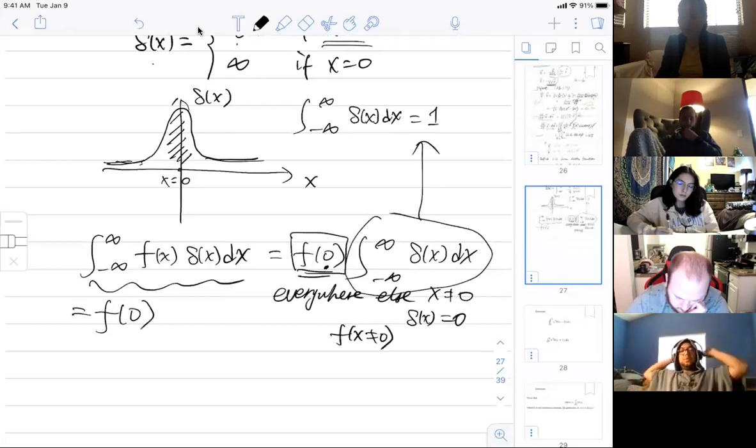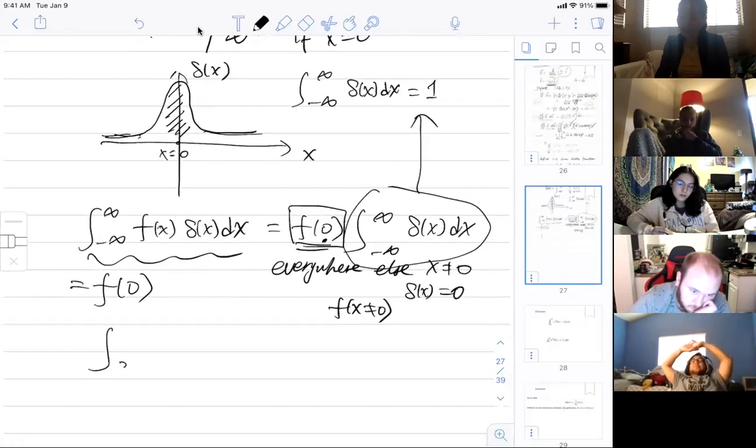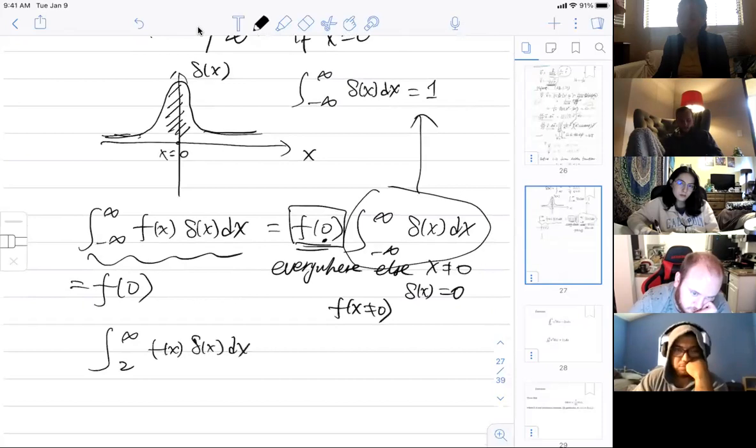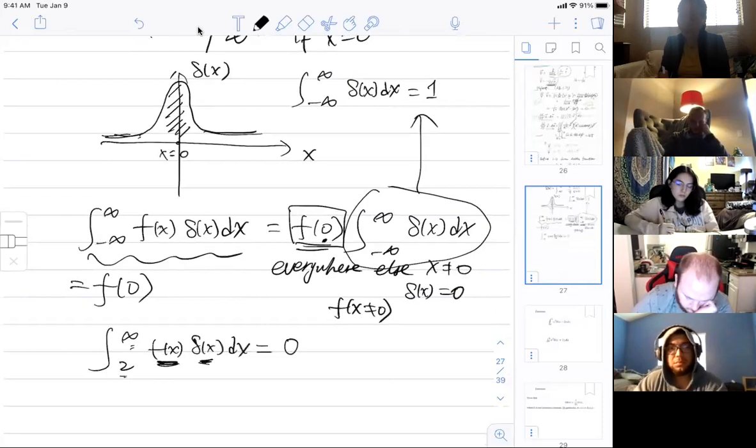In this case, it is from negative infinity to infinity. However, if I integrate f(x) delta(x) from, let's say, 2 to infinity, what would I get? You can see 0, because everywhere in these integration limits delta(x) is 0, so it doesn't matter what f(x) is.